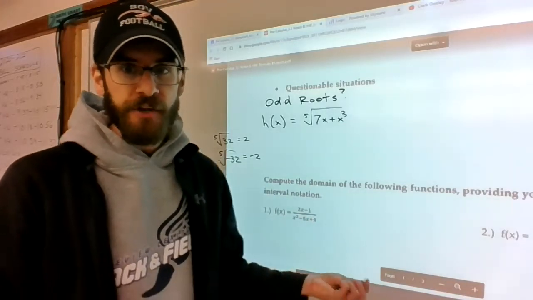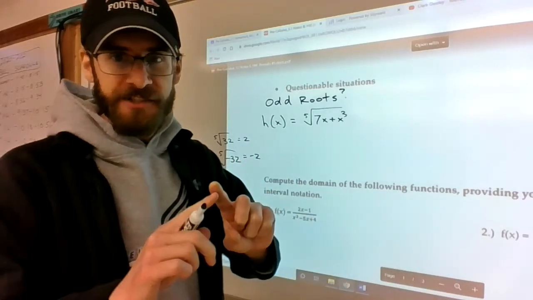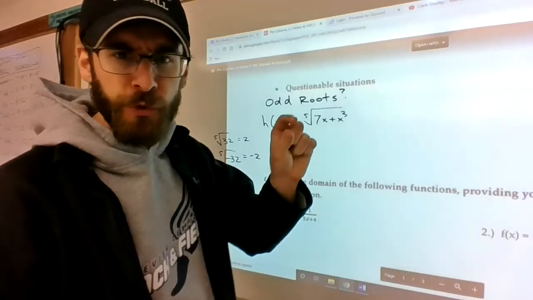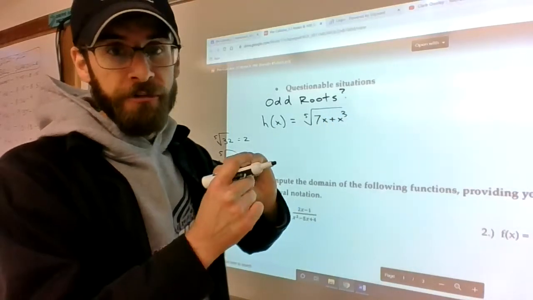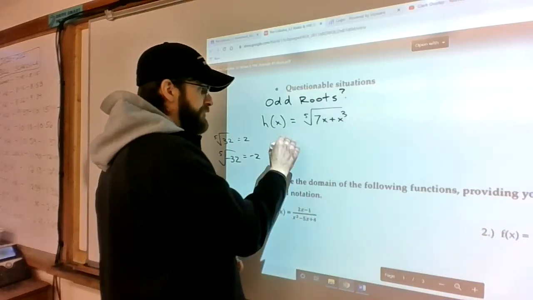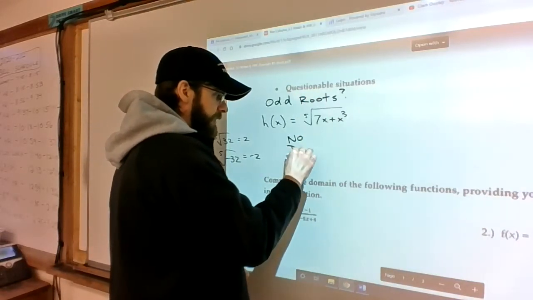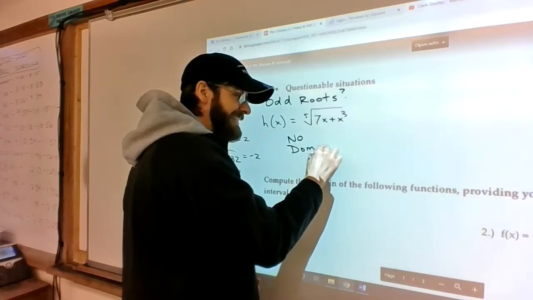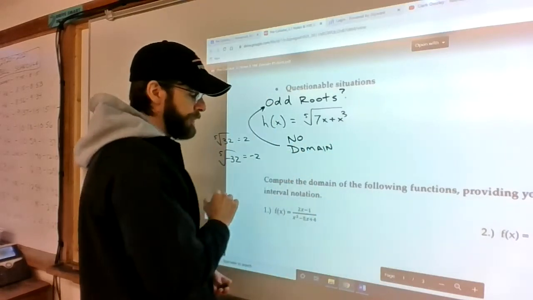It's fine. So, unless there's an even root or a fraction nested inside of it, there are no domain issues inherently tied to the odd root.